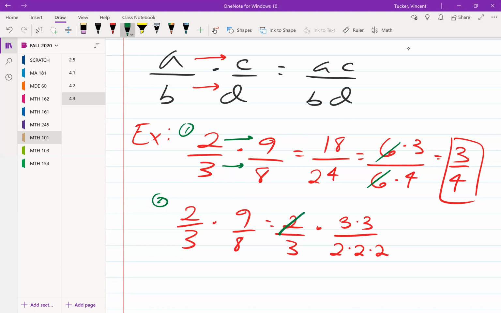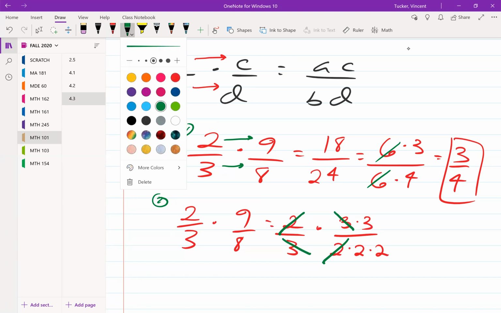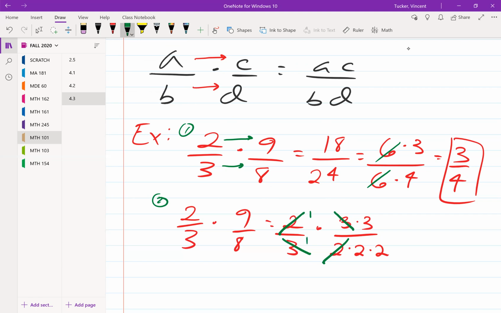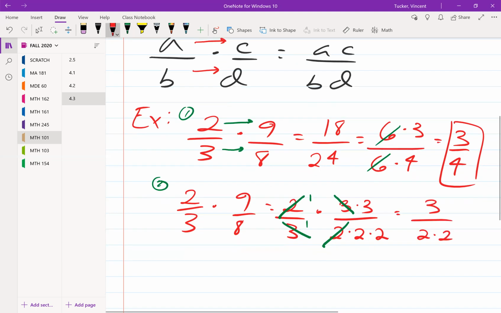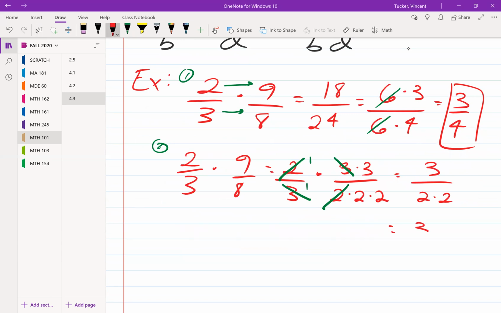So if I have a 2 here and a 2 here, I can cancel those out. This 3 and this 3 can cancel as well. And don't forget that if the whole thing cancels in the numerator or denominator, you're left with just 1. So I have 3 over 2 times 2 left, which is 3 over 4.